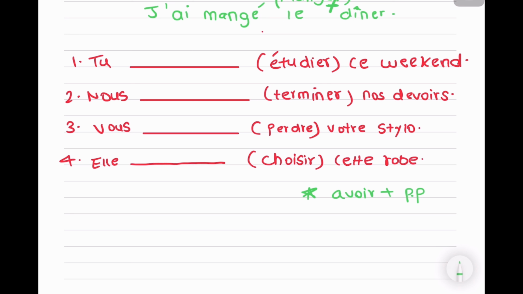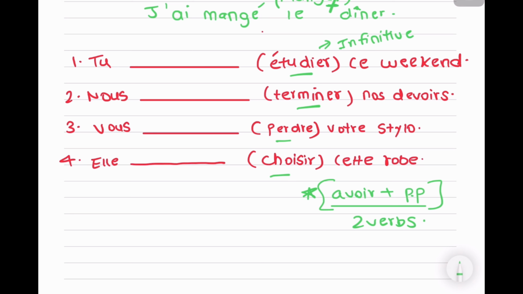Anytime you do passé composé, make a note on the side that what I have to do to fill in the blank is avoir plus past participle, always two verbs. For you the verb will be given in the bracket as an infinitive. That means it is not conjugated. None of the verbs are conjugated. It is your job to conjugate it in passé composé. How are you going to do it? This is what you need to know.